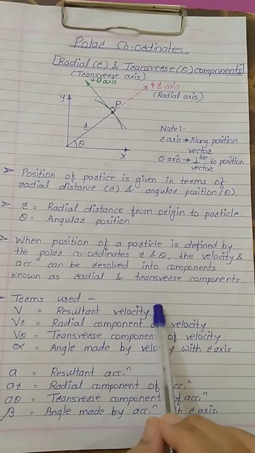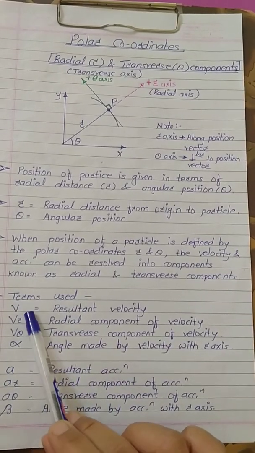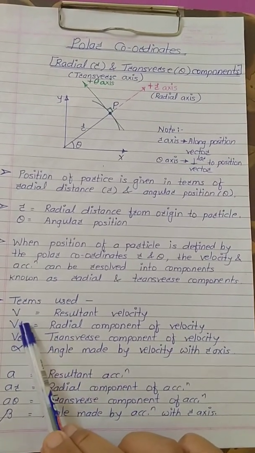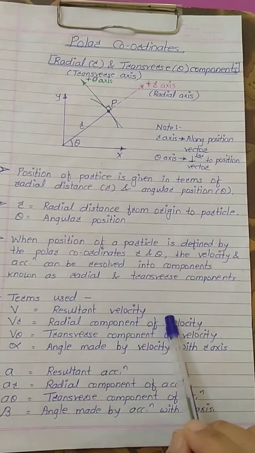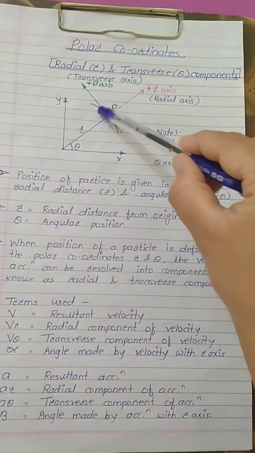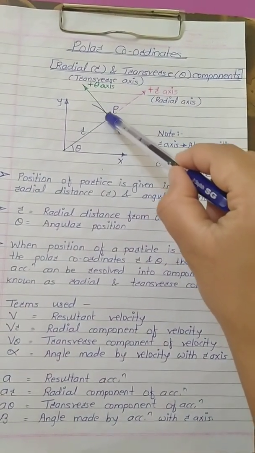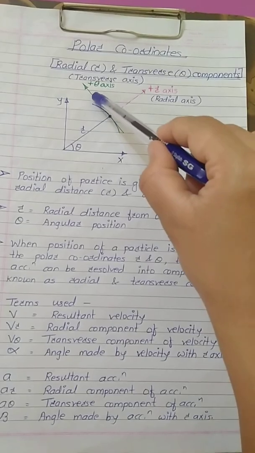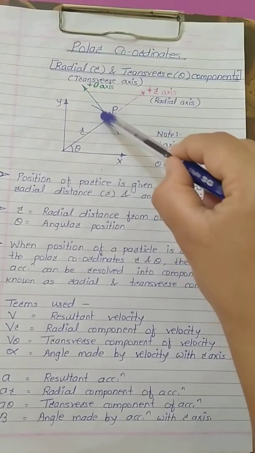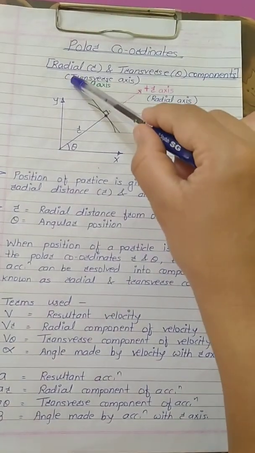V is resultant velocity, which can be calculated by using Vr and V theta. Now what is Vr? Vr is radial component of velocity. So we know velocity will be, suppose this is the point P, so your velocity is always tangential to this position. So this V can be resolved along this r axis and theta axis.